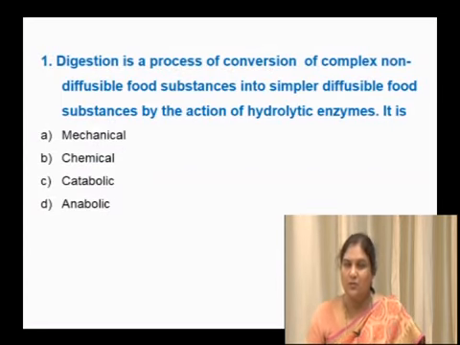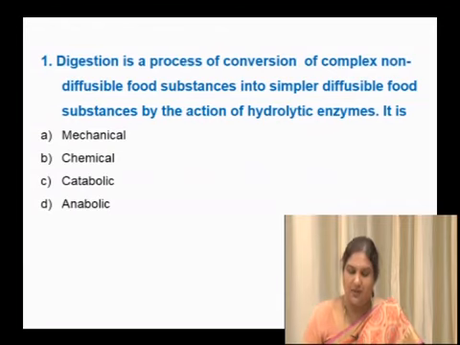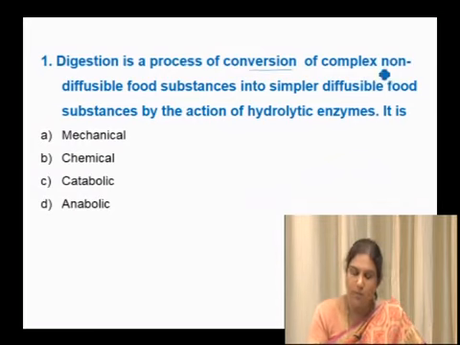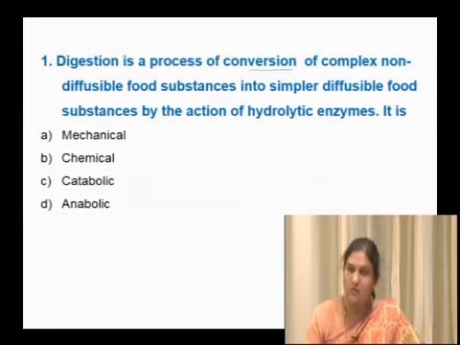Children, let us work out with some of the questions. The very first question goes like this. Digestion is a process of conversion of complex non-diffusible food substances into simpler diffusible food substances by the action of hydrolytic enzymes.